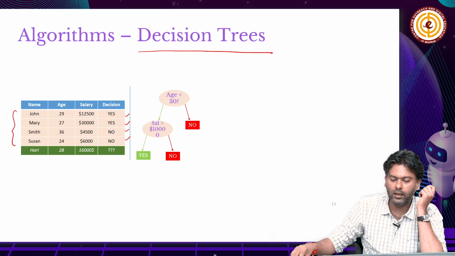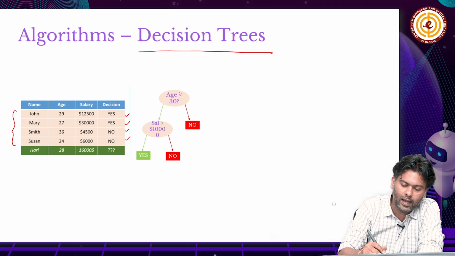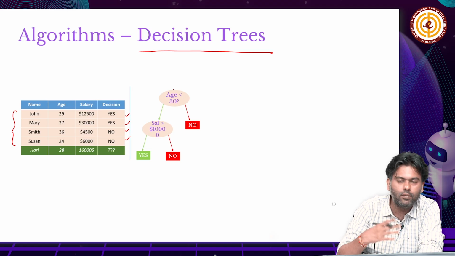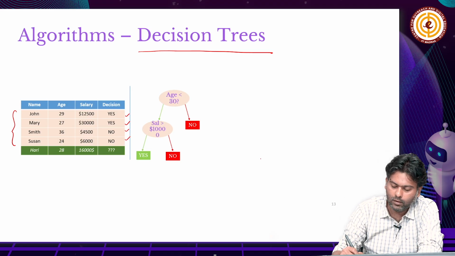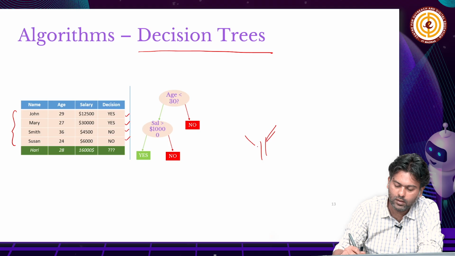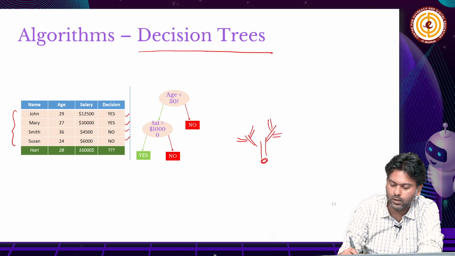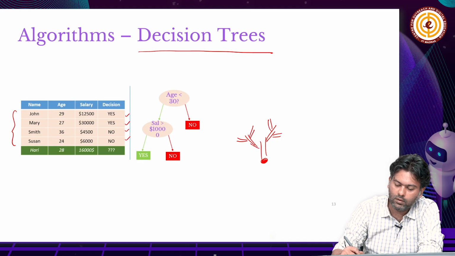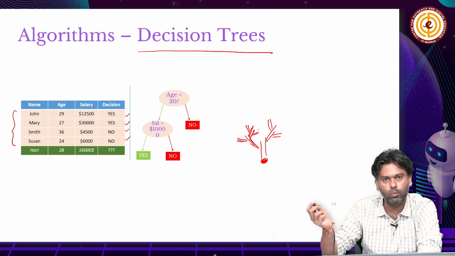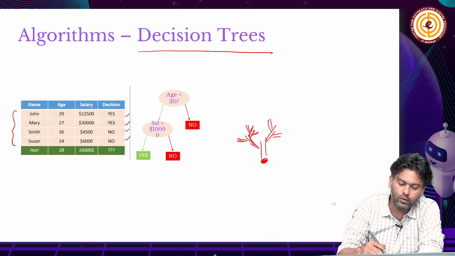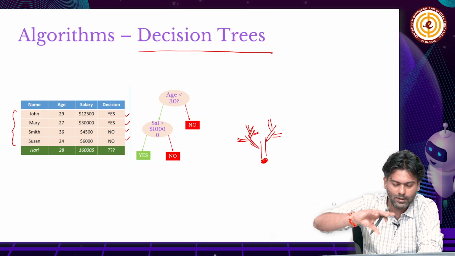Why is it called a tree? Well, a typical tree grows like this, right? So this is the root of the tree, and then you have these branches, and the branches will have branches, and the branches will have branches, and so on and so forth. So now you can imagine this as an inverted tree.